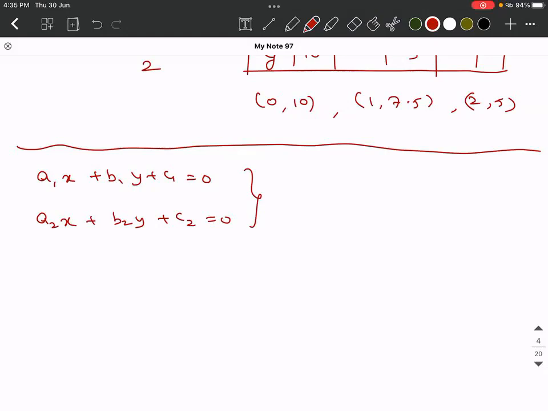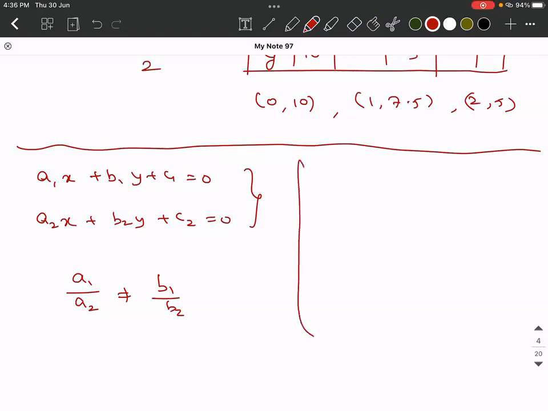What should be the relation between a1, a2, b1, b2 and c1, c2? a1 by a2. What about c1 by c2? It doesn't matter. As long as a1 by a2 is not equal to b1 by b2, you can say that these lines will intersect. Okay.